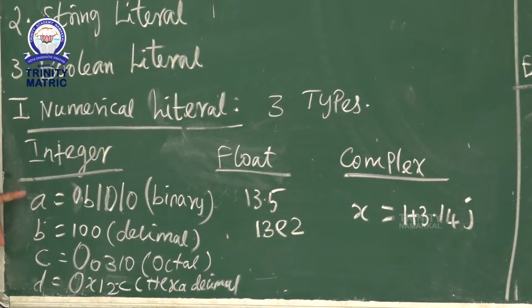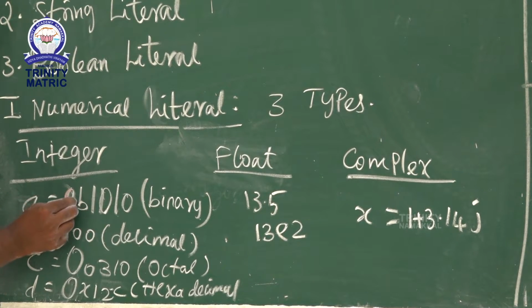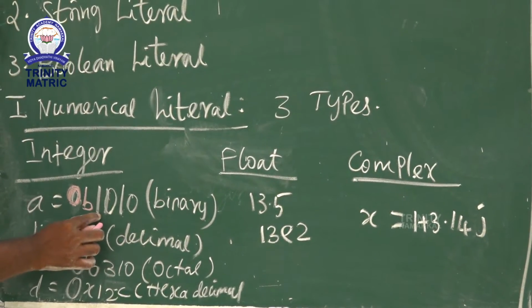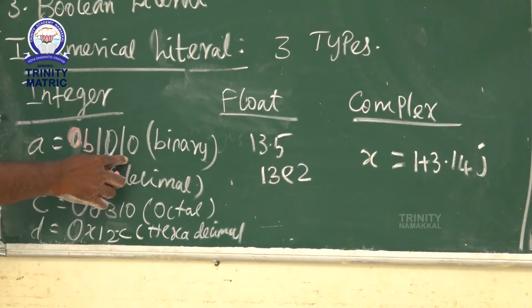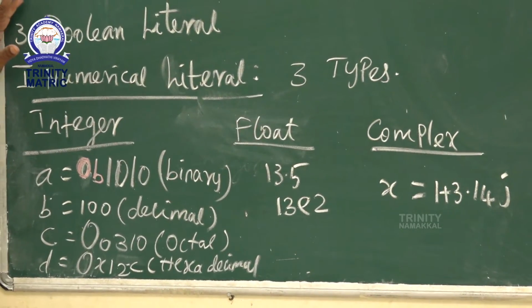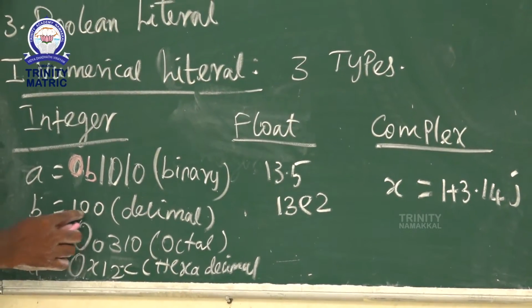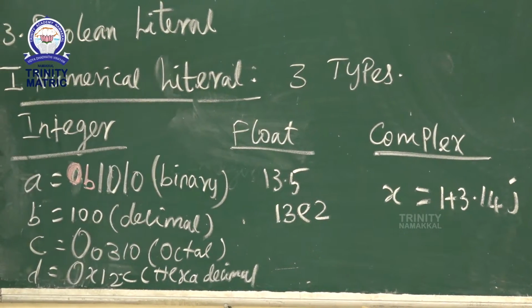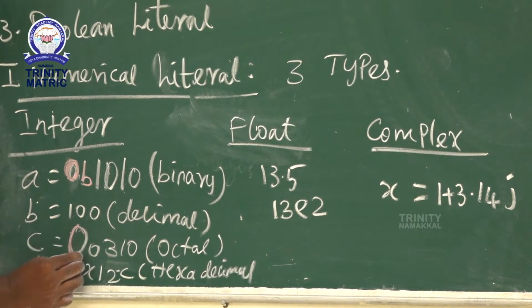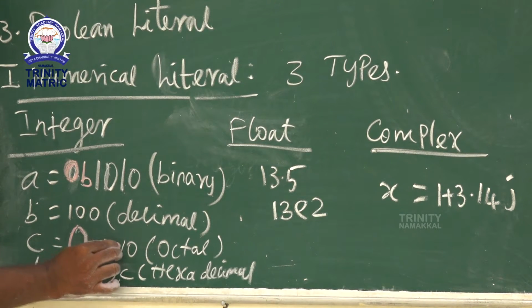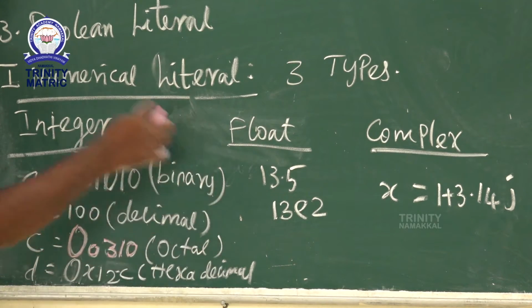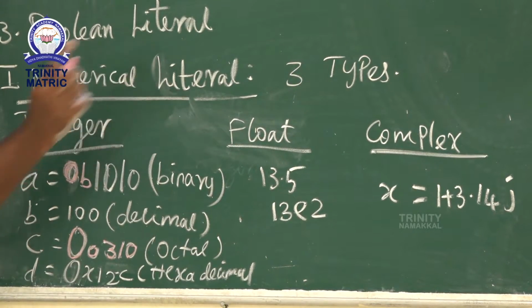For integer data, if we use the prefix 0b, then this literal is called a binary integer literal. 100 is a decimal integer literal; 20, 40, 30 are decimal literals. Then 0o followed by the value 310 is called an octal integer literal.